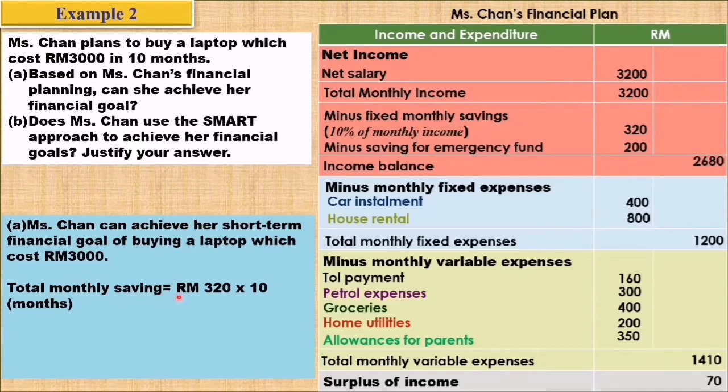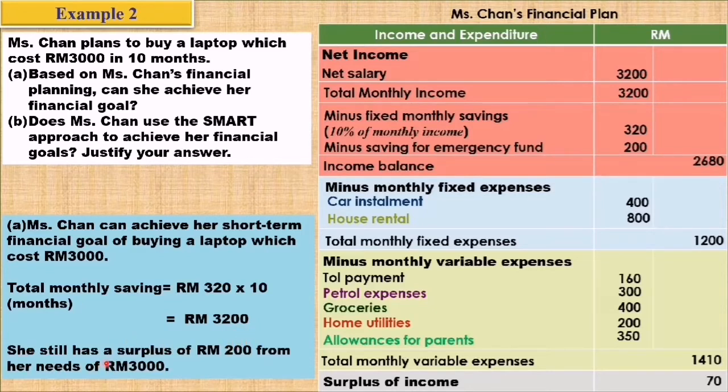Total monthly saving equals 320 times 10 equals 3,200. She still has a surplus of 200 from her needs of 3,000.